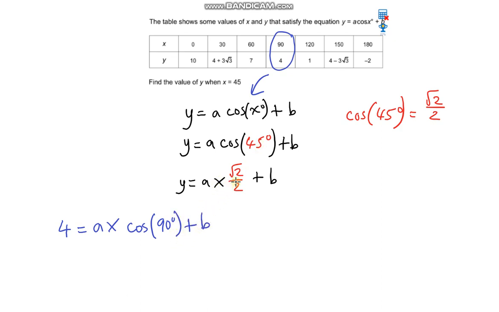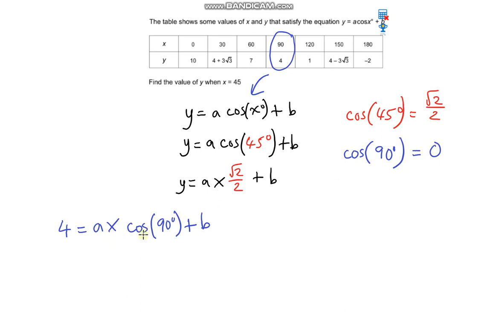Now you might already see why I've chosen these values, because if we think about the cosine of 90 degrees, what is it? Again, this is another exact trig value that you should hopefully be familiar with by now. The cosine of 90 degrees is just 0.